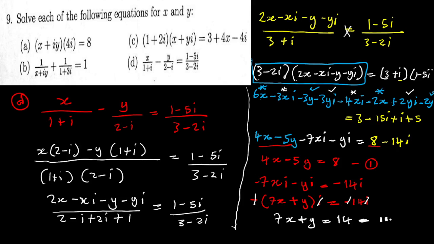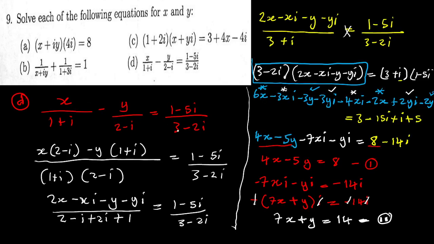So I have two equations now, equation 1 and equation 2, and I can solve them simultaneously. Equation 1 is 4x minus 5y equals 8.